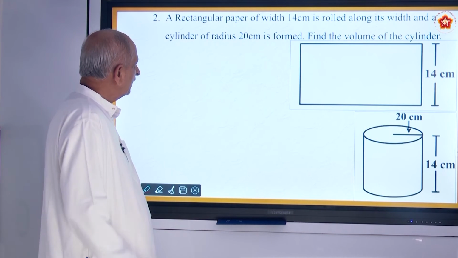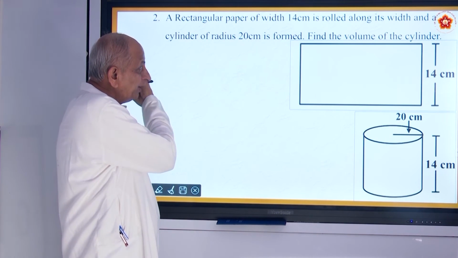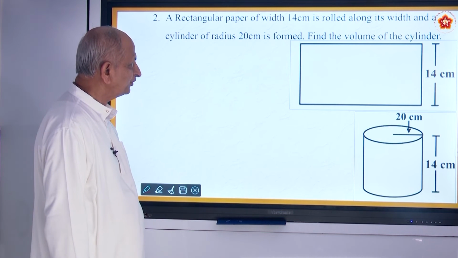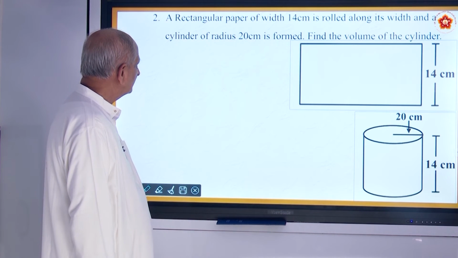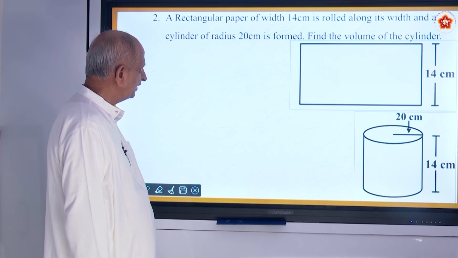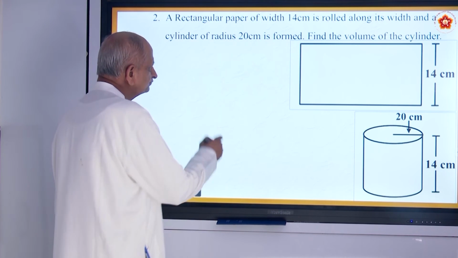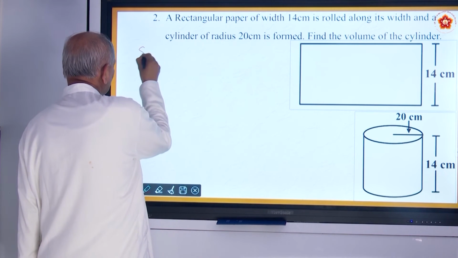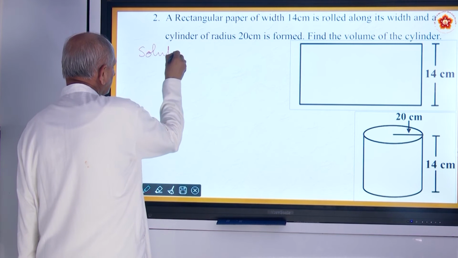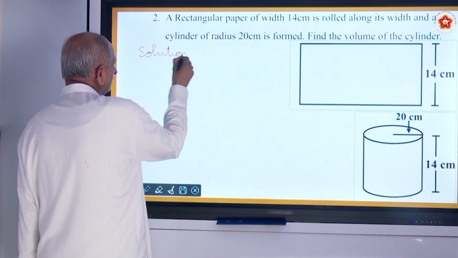When a rectangular paper of width 14 centimeters is rolled along its width and a cylinder of 20 centimeter radius is formed, find the volume. So, solution. What is given?